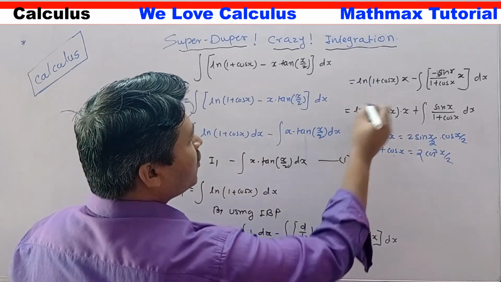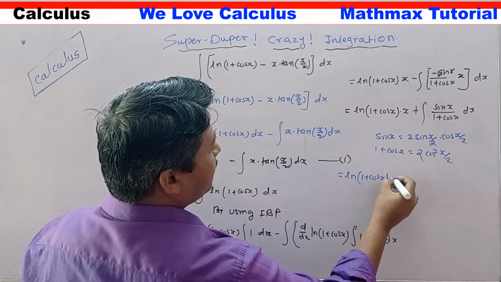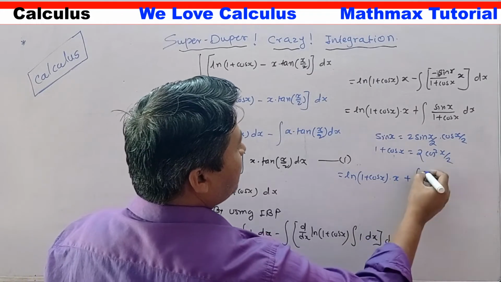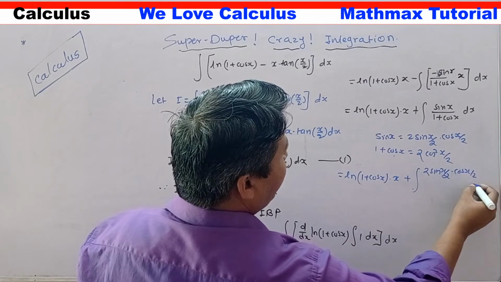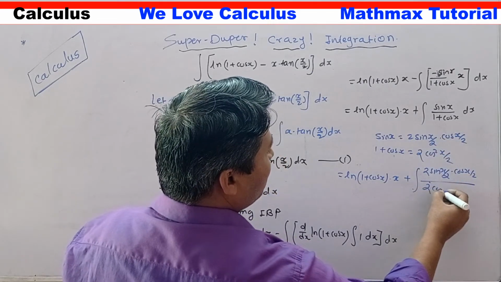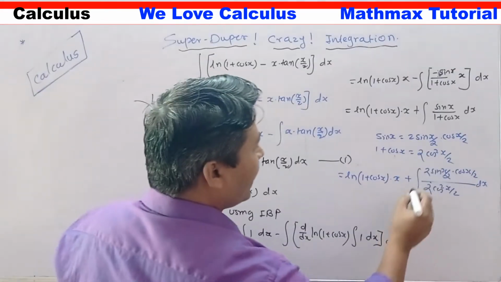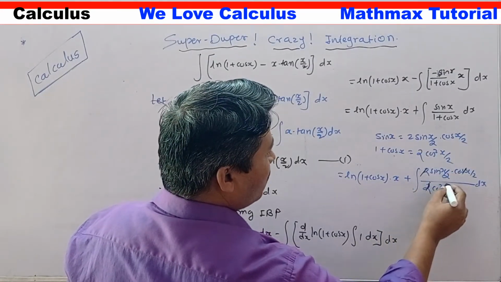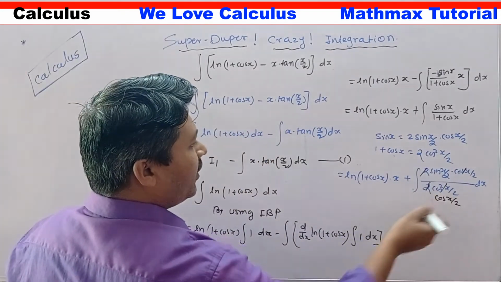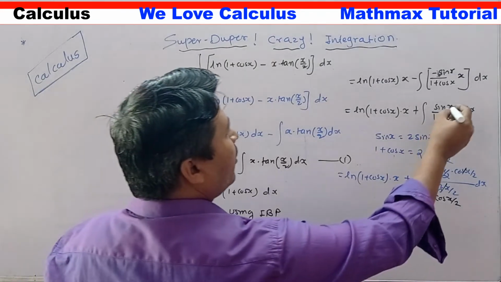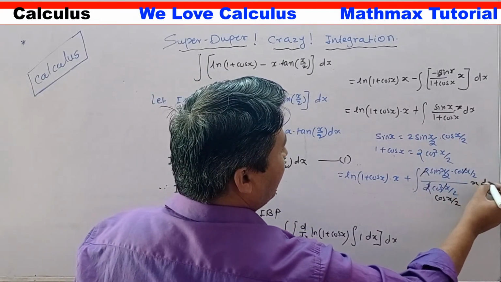Then the simplification becomes ln(1 + cos x) times x plus the integration of 2 sin(x/2) cos(x/2) divided by 2 cos square(x/2) times x dx. Here the 2s cancel, one cos(x/2) term cancels, and we are left with the integration of tan(x/2) times x dx.